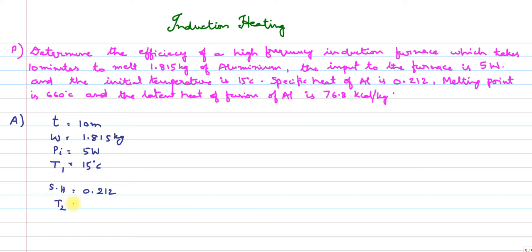Let me take this as T2, which is 660 degrees centigrade. And the latent heat of fusion of aluminum is 76.8 kilocalorie per kg.